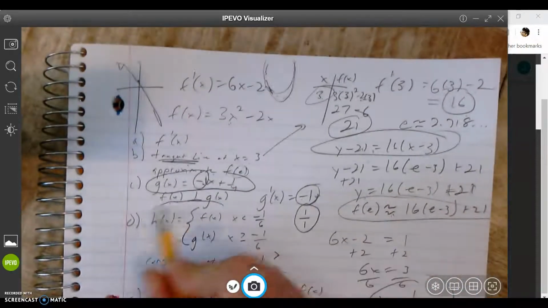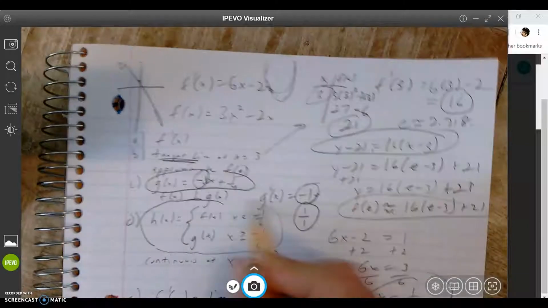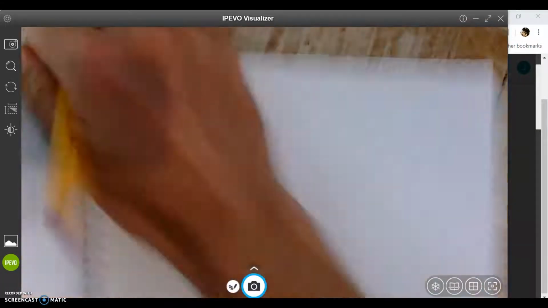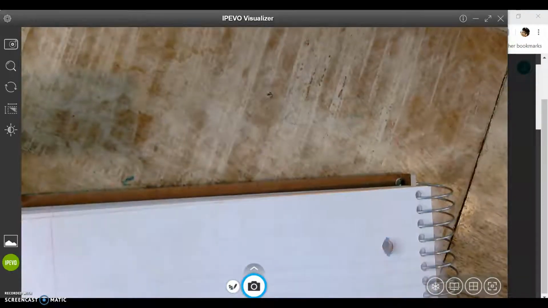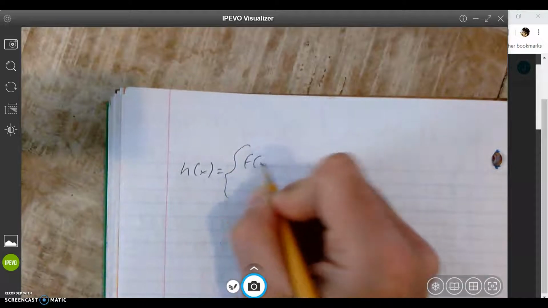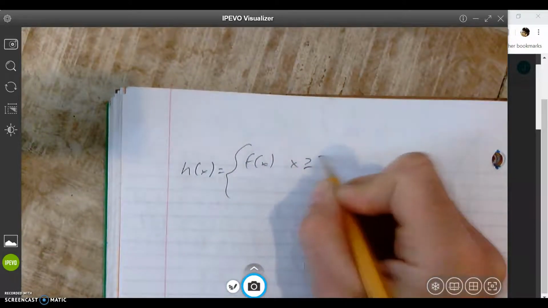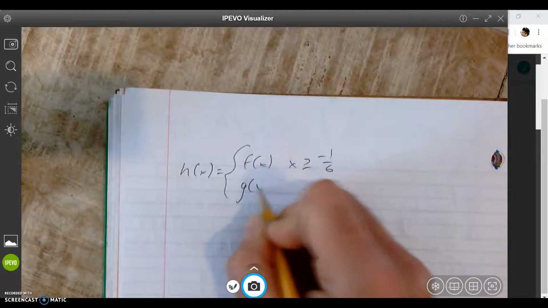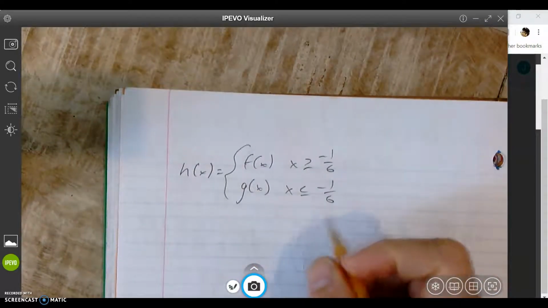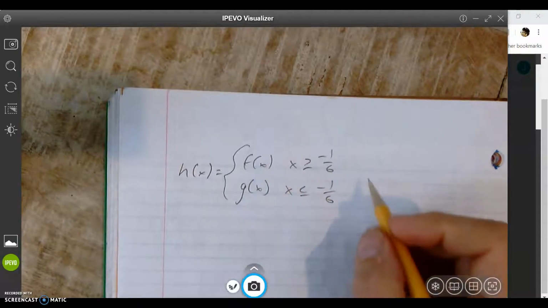Alright, last but not least, here you go. So h of x equals this. I'm running out of room, so I'm going to write it over here. h of x equals f of x when x is greater than or equal to negative 1/6, and g of x when x is less than or equal to negative 1/6. So what you have to do is figure out whether it is continuous.